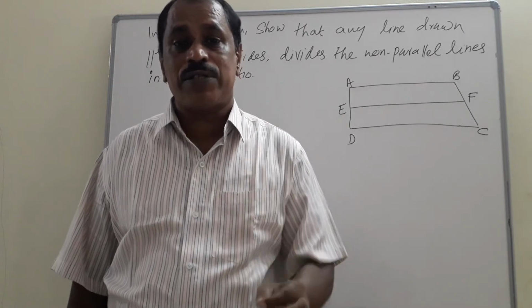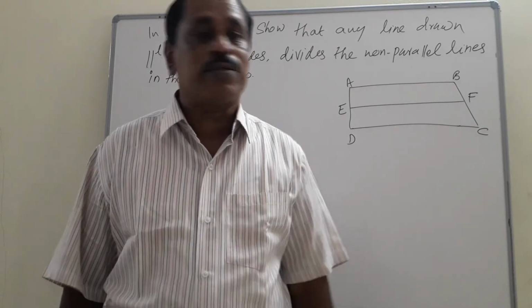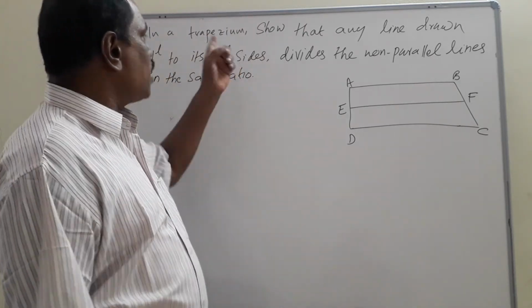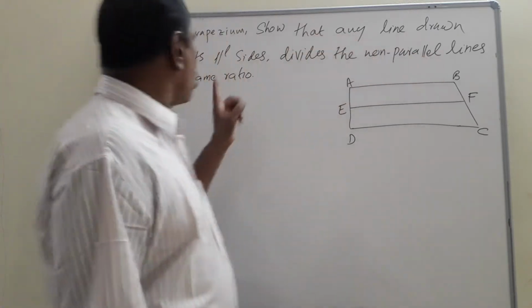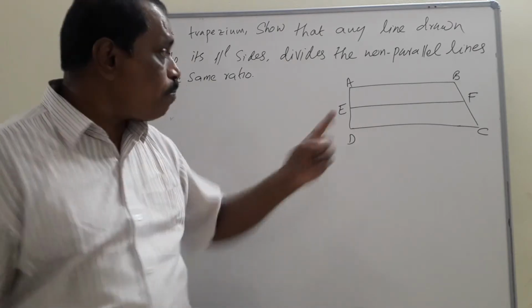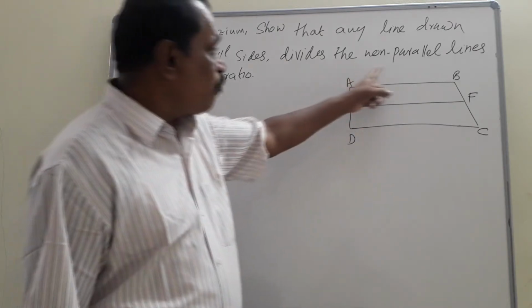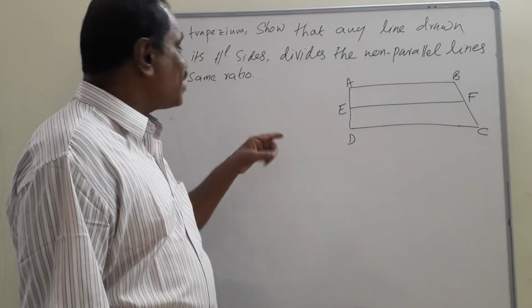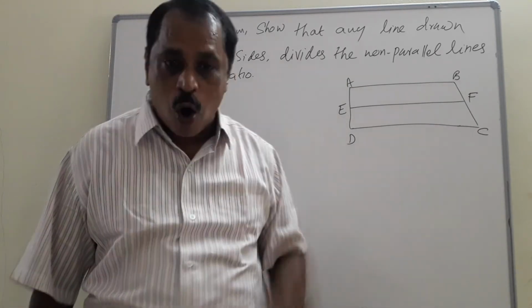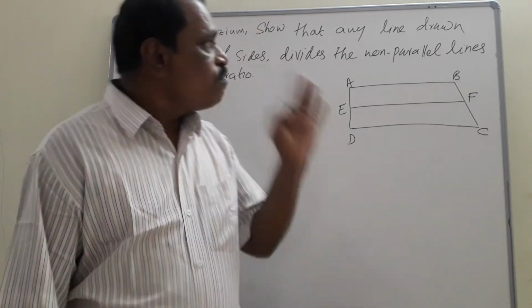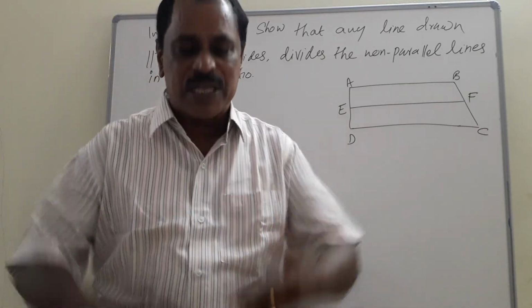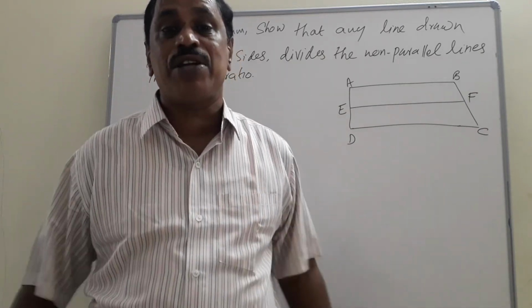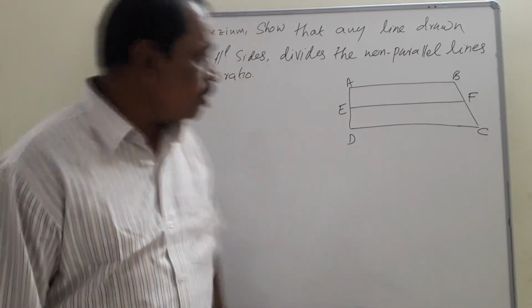Very important, this question always comes for the exam. The question is this: in a trapezium, show that any line drawn parallel to its parallel sides divides the non-parallel sides in the same ratio. Or in other words, prove that the non-parallel sides of a trapezium are also divided in the same ratio by using BPT.